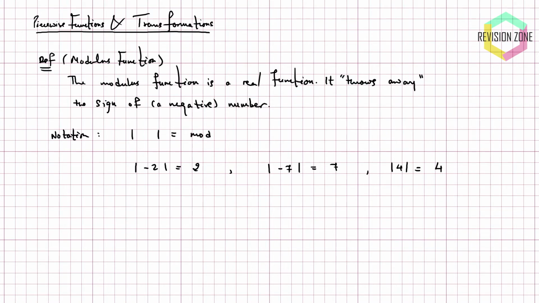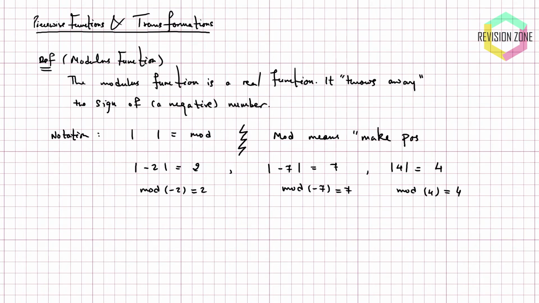So these can be written as mod of -2, which is 2, mod of -7, which is 7, and mod of 4, which is 4. Another nice way of defining the mod function is to say mod means make positive.